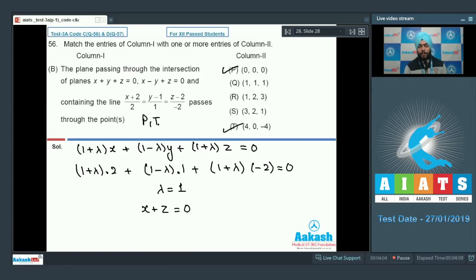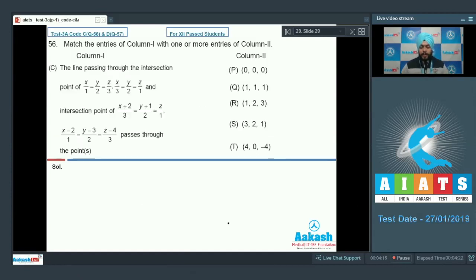Okay, let us move on to the next part. The line passing through the intersection points of x upon 1 equals y upon 2 equals z upon 3, x upon 3 equals y upon 2 equals z upon 1. Obviously the point of intersection is origin. For the second, the intersection point of (x plus 2) upon 3 equals (y plus 1) upon 2 equals z upon 1 and (x minus 2) upon 1 equals (y minus 3) upon 2 equals (z minus 3) upon 4.